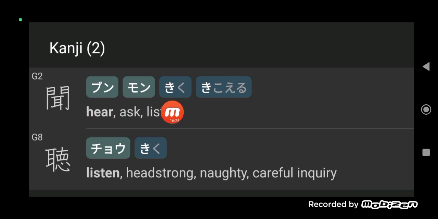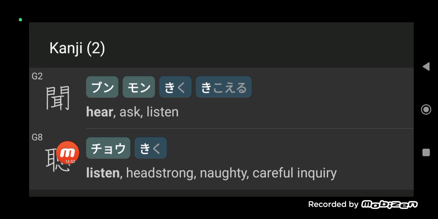Kiku means to hear or listen. Kikoeru means something is audible. Well, here in grade 8 or secondary high level kanji, you can see on the left side it is in the hand position, acting as a radical, and it's an essential part, a form component and a meaning component.